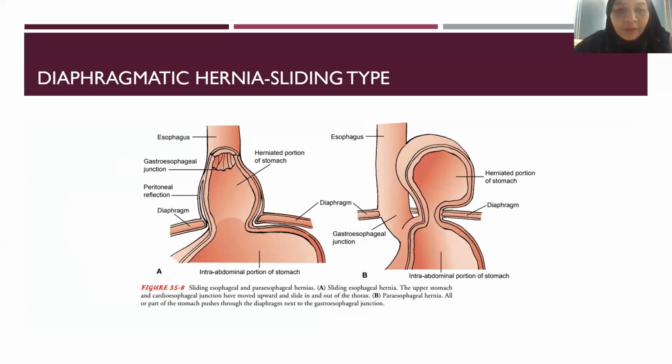The other type of hernia, the paraesophageal hernia, is where a portion of the stomach herniates into the thorax. The OGJ is not pulled up, but a portion of the stomach is pushed upward. This is usually asymptomatic compared to the sliding hernia, because the sliding hernia causes stomach mucosal irritation and then GERD, everything. Next.